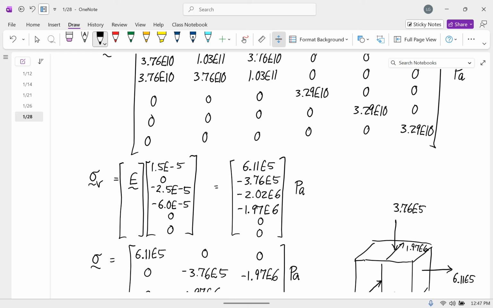Well, that's that Poisson's effect. There's that dependency. Each normal strain depends on all three of the normal stresses, and vice versa. Each normal stress depends on all three of the normal strains. And so that's where, for the normals, you can have 0 for one thing and non-zero for something else. That doesn't happen with the shears. The shears only have the dependency on the corresponding shear element.